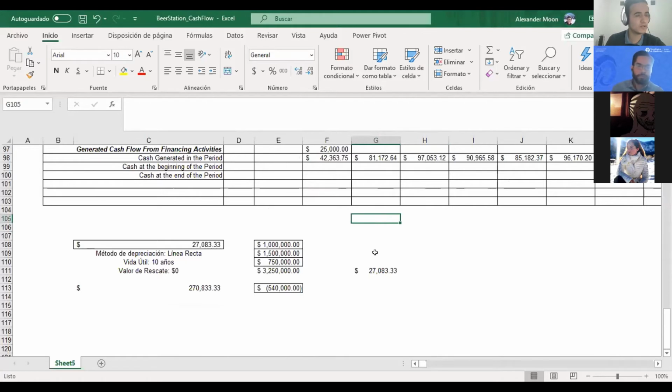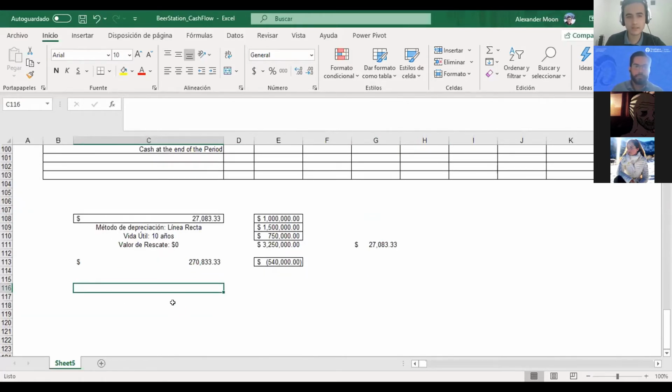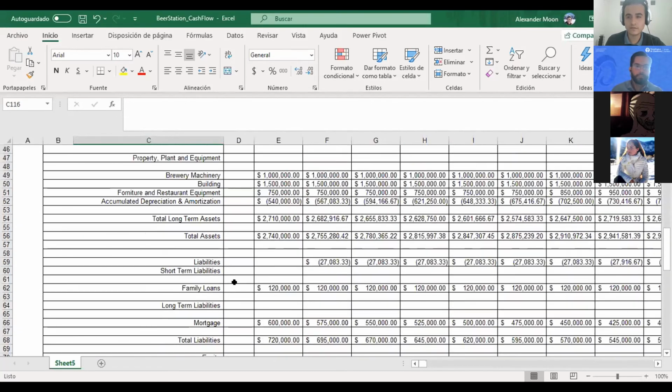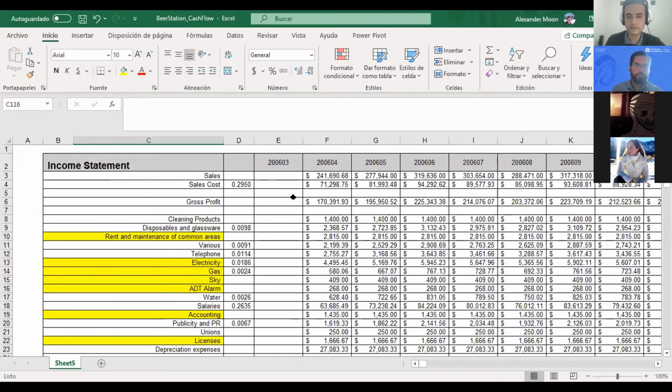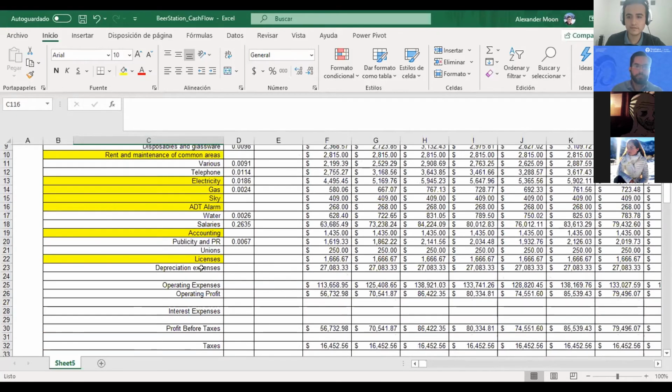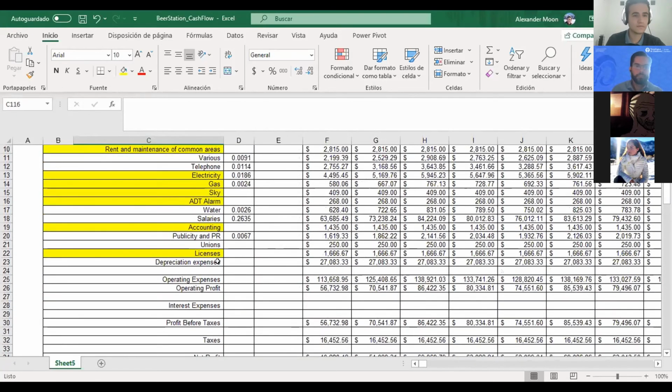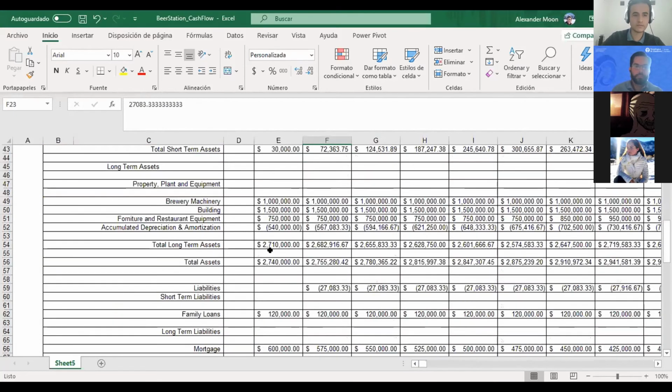So first of all, you need to recalculate depreciation. Could you please tell us how you calculated depreciation, Alejandro? Yes. The monthly depreciation expense in the income statement was 27,083 pesos and 33 cents.